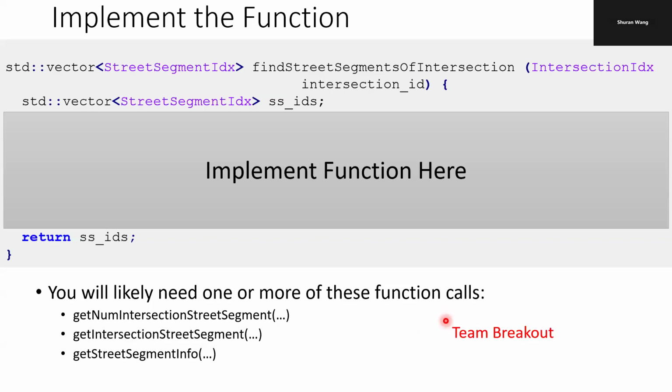And back to our example function that we're implementing. Remember, we want to push all of the street segments, as street segment indexes, that are connected to the intersection here into the return vector.